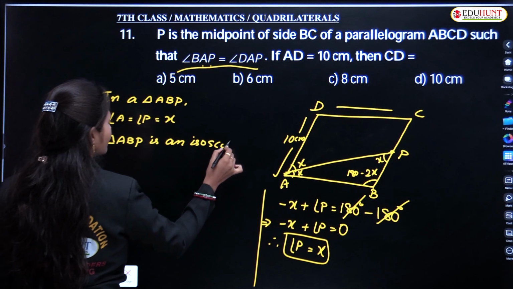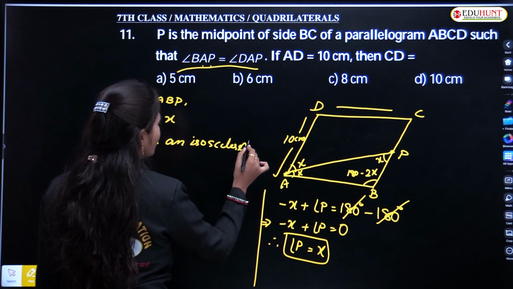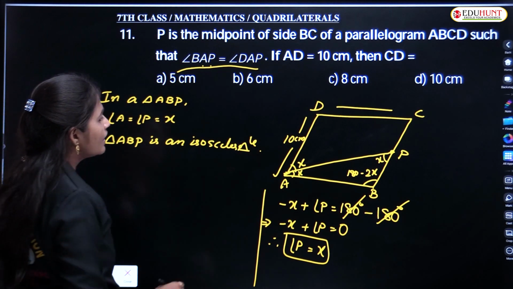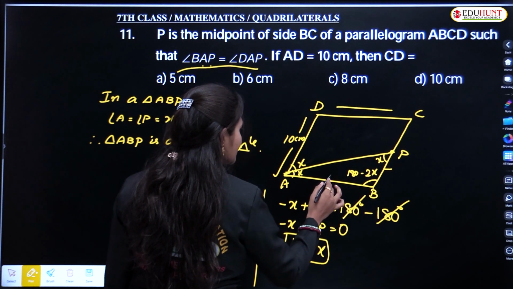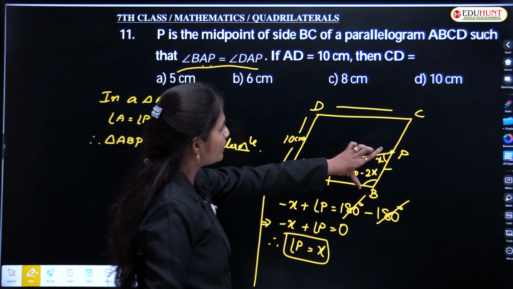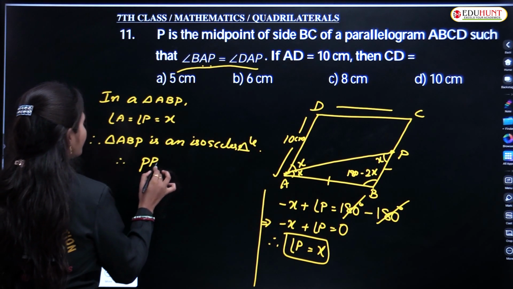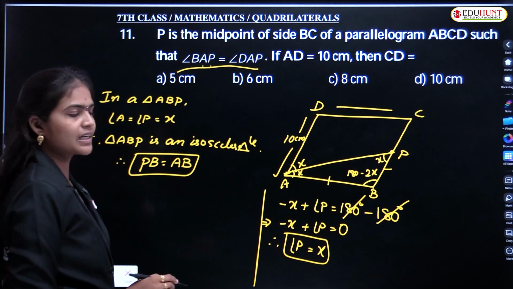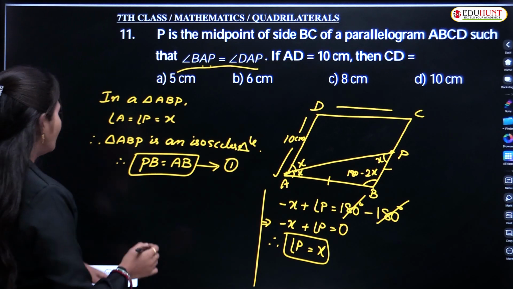Two angles are equal, so automatically the two sides opposite them are equal. Here PB is equal to AB. Here we got one of the conditions, so let it be 1.